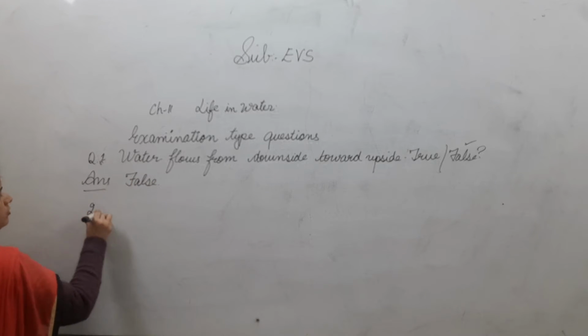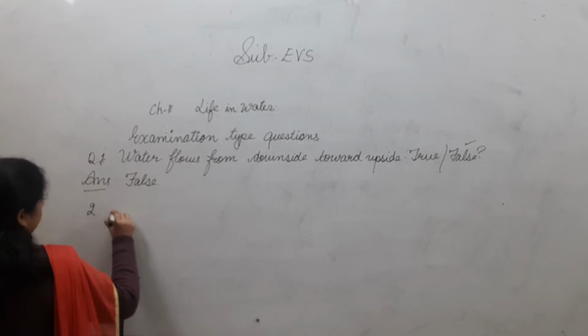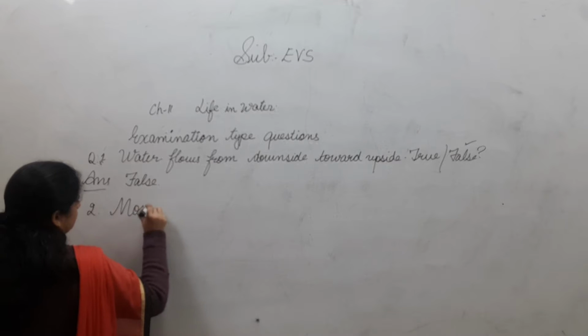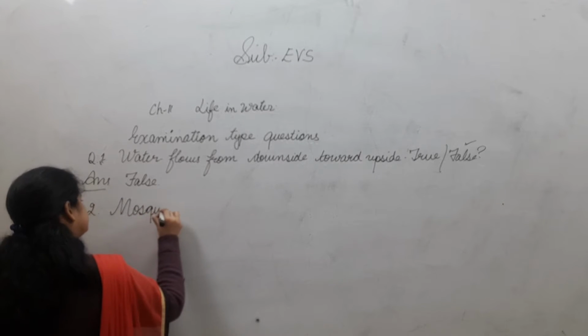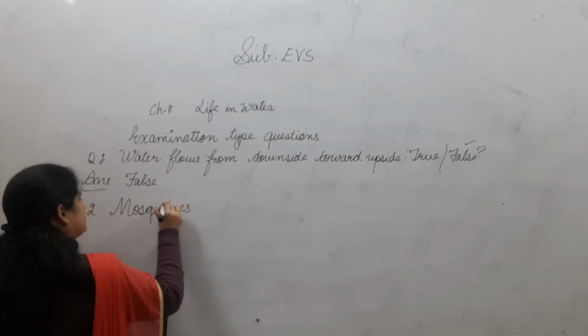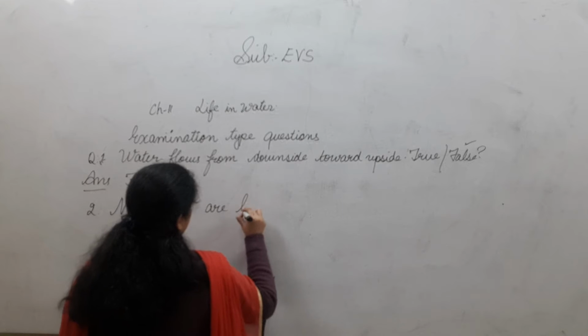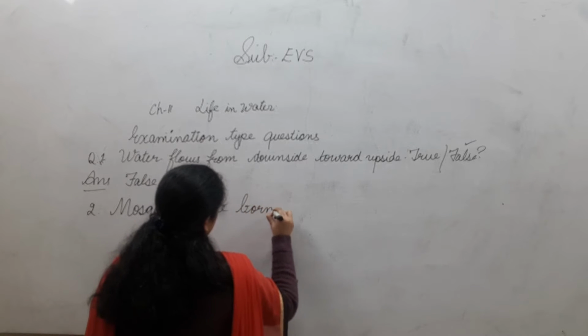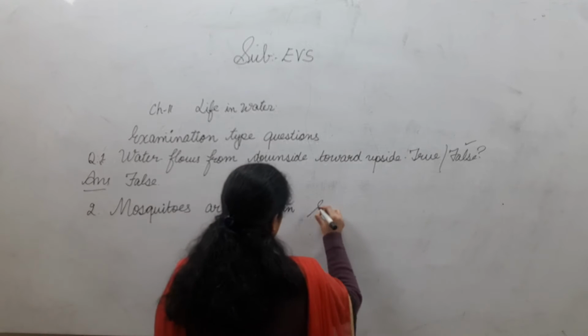Now second one, mosquitoes are born in stagnant water.